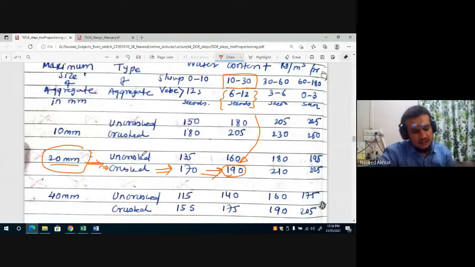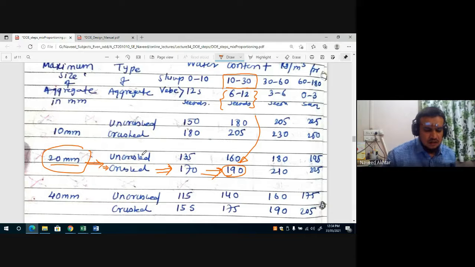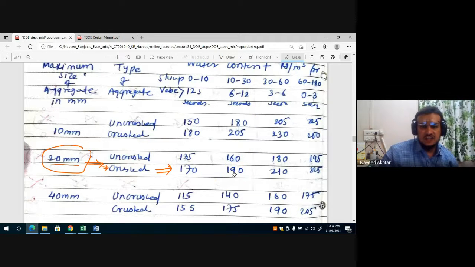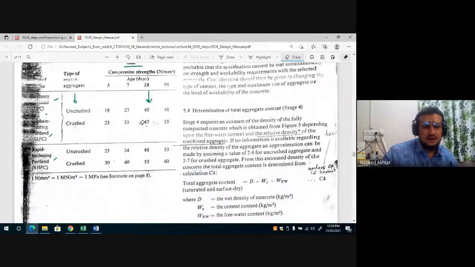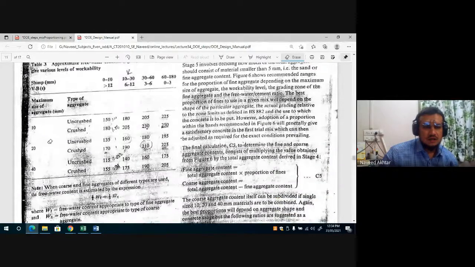So easily, based on the VB time, based on the slump, whatever it may be specified, and the nominal maximum size of your aggregate and type of aggregate, that is crushed or uncrushed, using table number 3 of the manual, you can easily find out your water content.